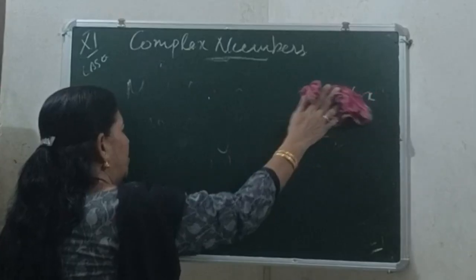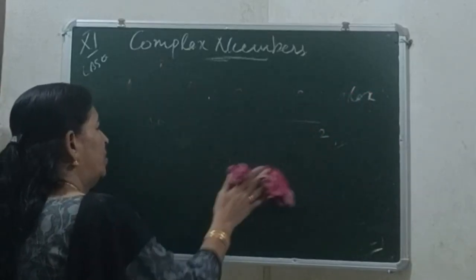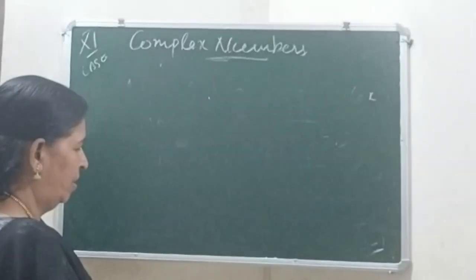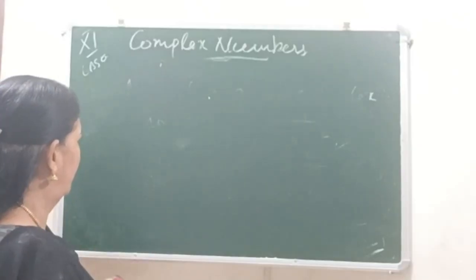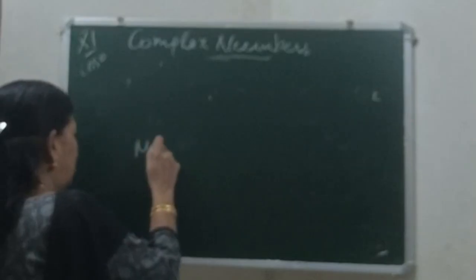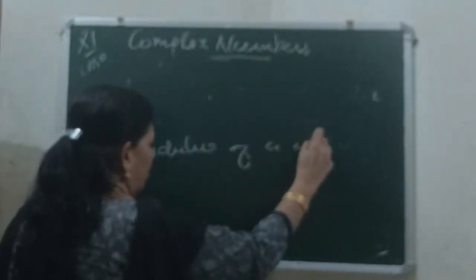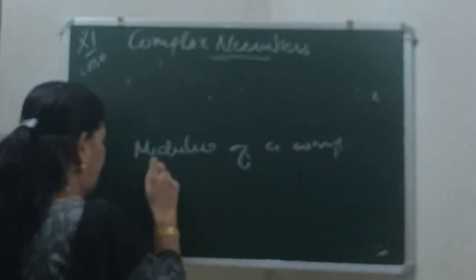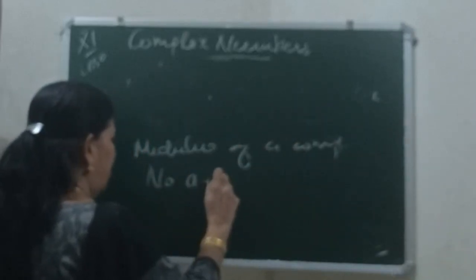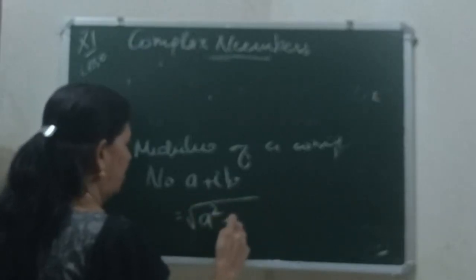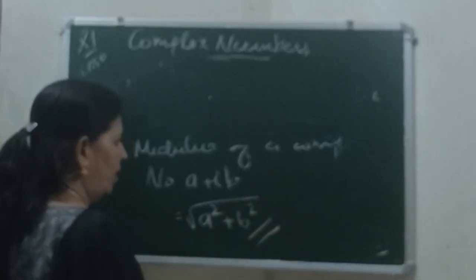The modulus of a complex number a plus ib is the square root of real part square plus imaginary part square.